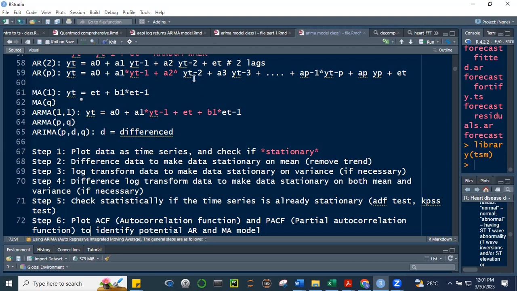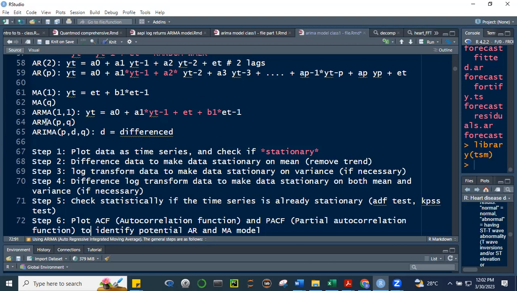So that's an MA process. Now, when we combine this, ARMA 1,1. So ang ARMA 1,1 is a combination of your lag 1 of your previous value, autoregressive siya, plus lag 1 of your error term. So you have here a certain constant plus lag 1 ni time series natin. This is your AR component plus an error term plus the lag 1 of your epsilon sub 1.